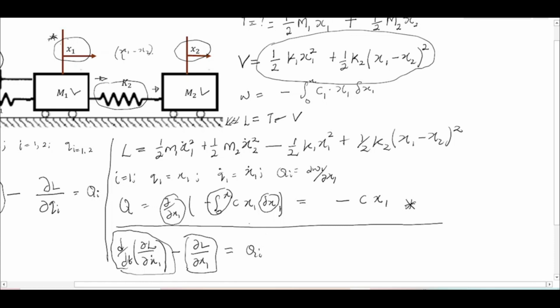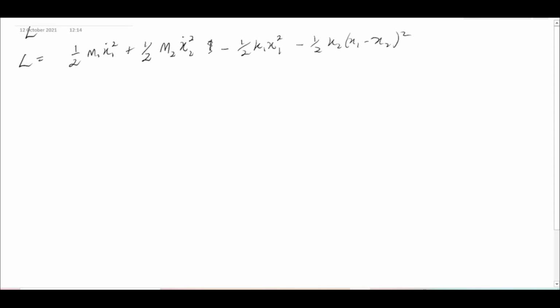Let's remember that we've gotten our L earlier. Let's recall that our L is equal to half m1 x1 dot squared plus half m2 x2 dot squared, then minus half k1 x1 squared minus half k2 times x1 minus x2 squared.